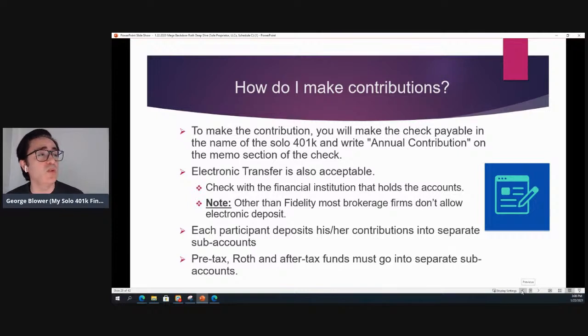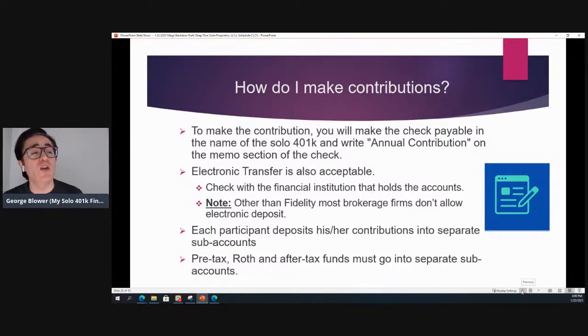It's also acceptable to electronically deposit the money. So in that situation, you would check with the financial institution that holds the accounts to determine their process to receive incoming electronic deposits. Now note that in terms of the brokerage firms where you might have your solo 401k sub-accounts, they generally don't allow for incoming electronic deposits with the exception of Fidelity.